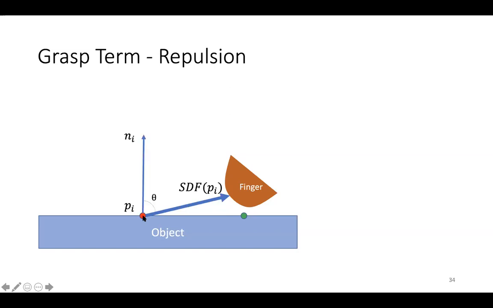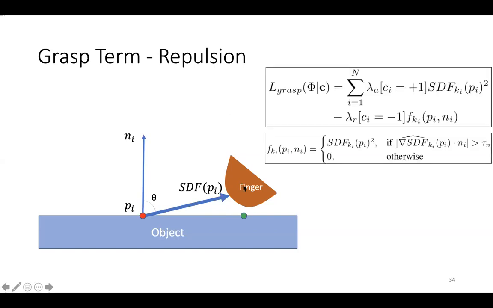And you can use the surface normal and the angle between the vector from the point to the finger and the surface normal to modulate the strength of that repulsive term, which is what we do here. Actually, we have a binary decision. So if the angle is more than a certain value, we turn off the repulsive force from that point.